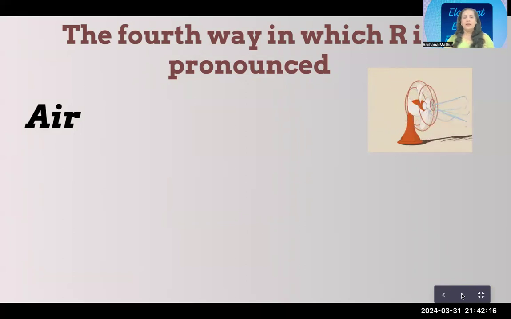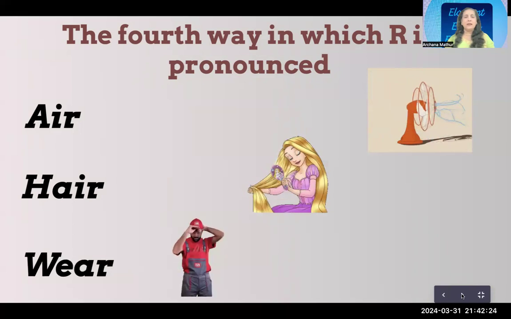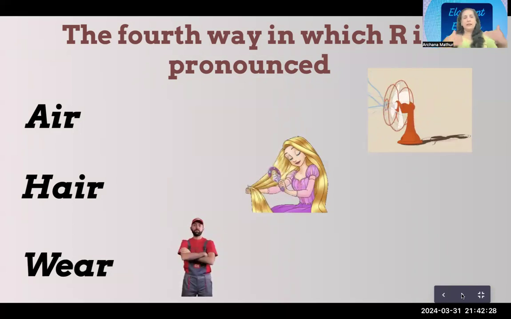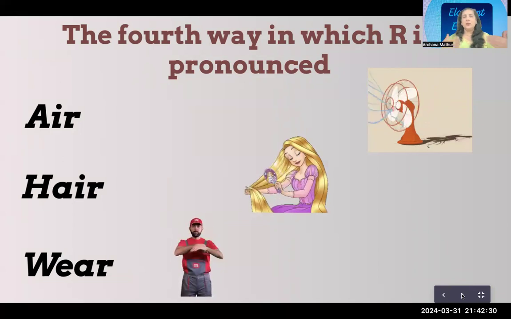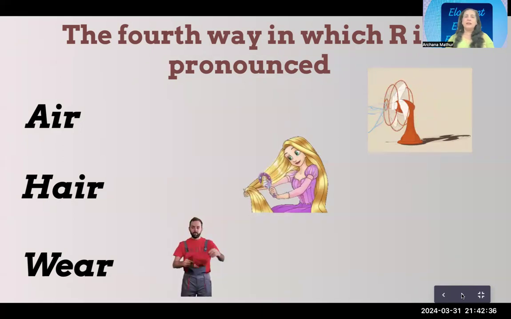Air. Next one, hair. Hair, and then the word goes down. And the last one, where. So you go up and then you go down. It's like throwing the word out. Air, hair, where. So that's the fourth sound of R.